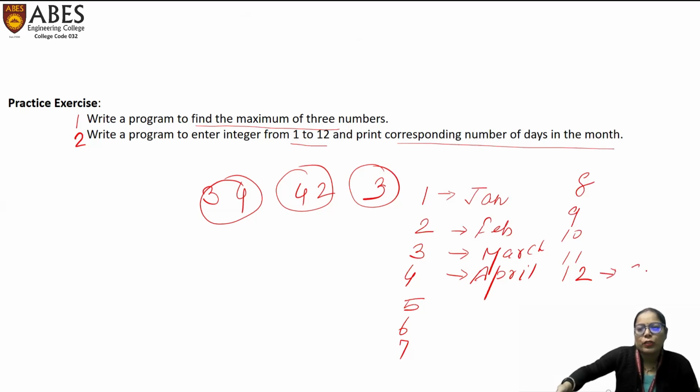In this question also, make sure that you are using the concept of nested if else statement because we are trying to understand the concept of nested if else statement.